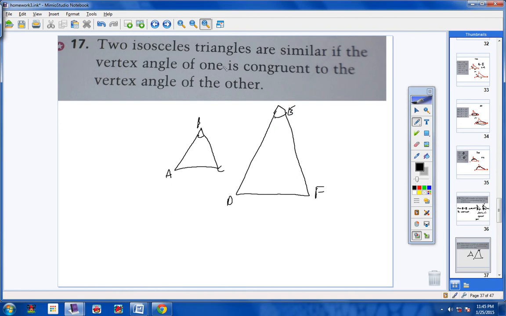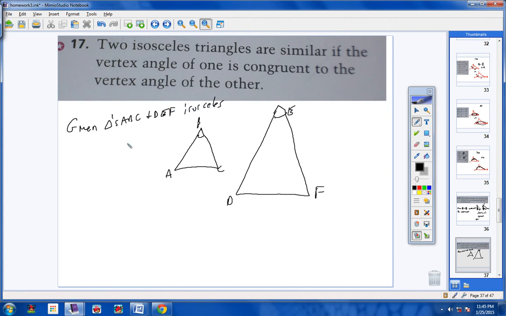They kind of word these difficult, so try to look at this carefully and see if you can follow what I'm doing here. Okay, two isosceles triangles are similar, so they're telling us they're similar if, and if is always your given part. So if the vertex of one is congruent to the vertex of the other, so your given part is triangles ABC and DEF are isosceles.